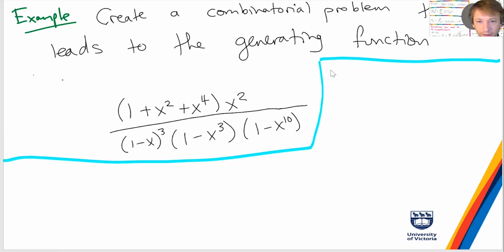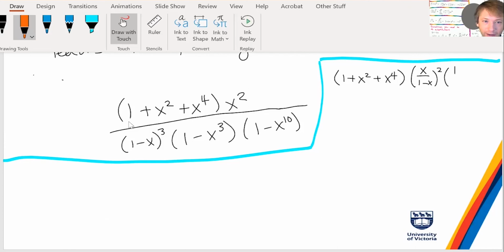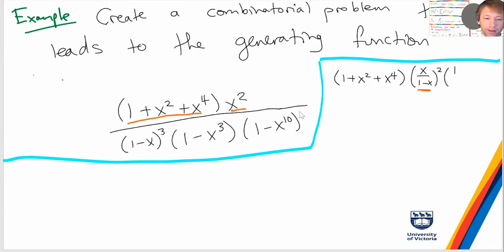Let me collect some things up here. My 1 plus x squared plus x to the 4 is kind of special. I could write this as x over 1 minus x squared. So I'm trying to deal with the stuff on the numerator. So I've got this one, and then I've still got stuff on the denominator.